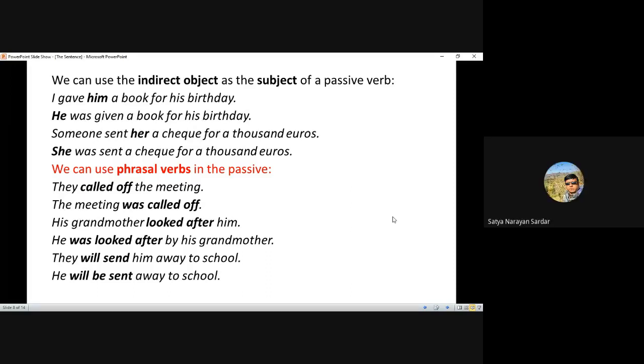No, both have equal value. Neither of them has less correctness or more correctness. Both are equally correct. A book was given to him for his birthday, or he was given a book for his birthday. Both are 100% correct. Clear? Yes, sir.